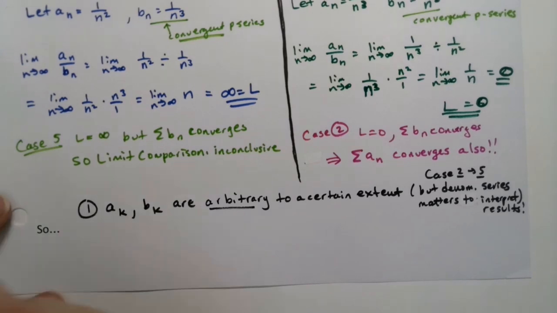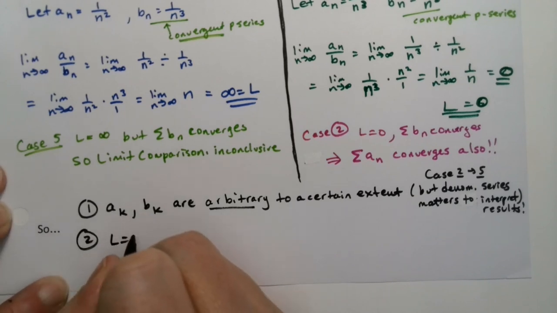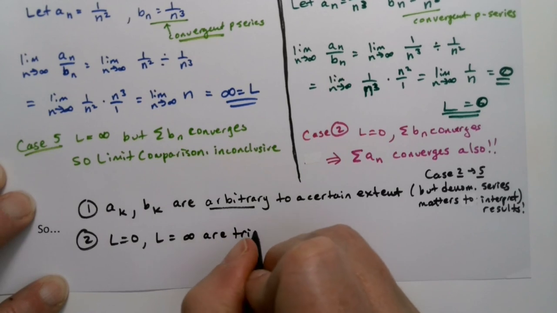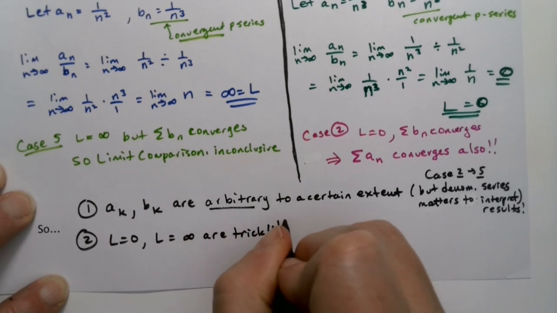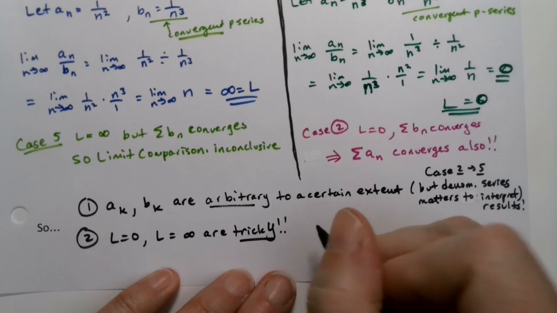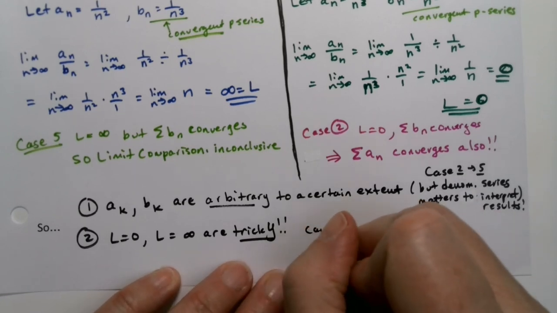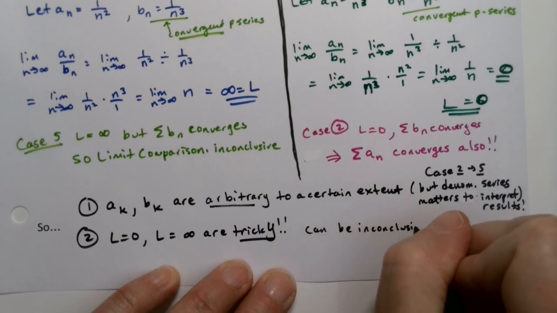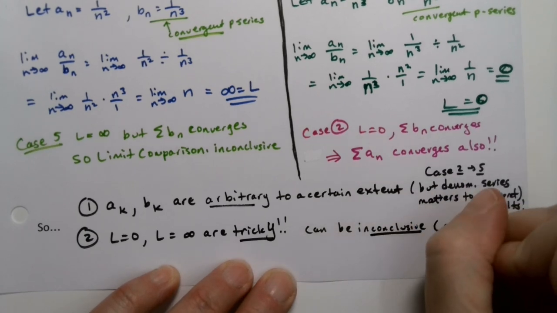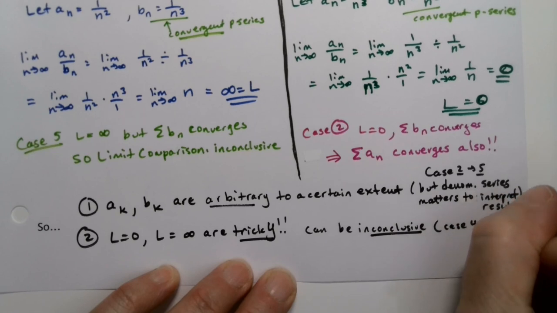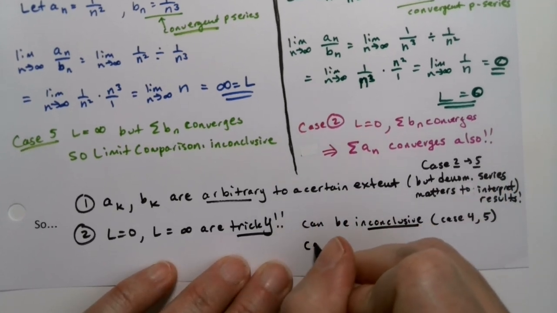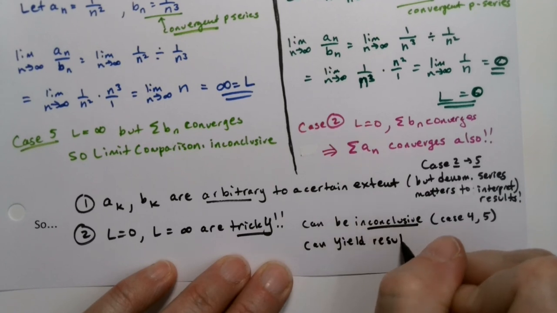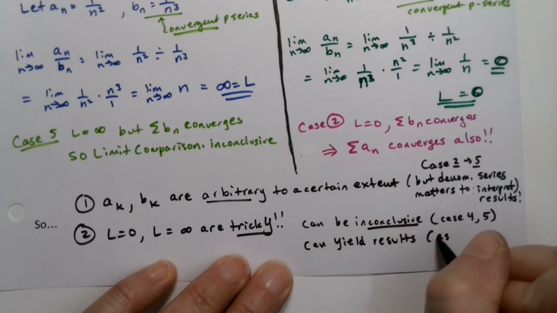And number 2, L equals 0 and L equals infinity are tricky. They can be inconclusive sometimes, which is cases 4 and 5. They can yield results, which is cases 2 and 3.